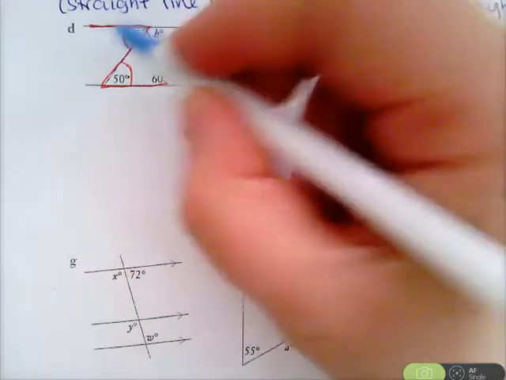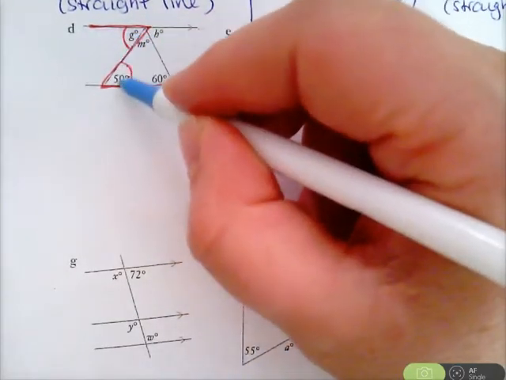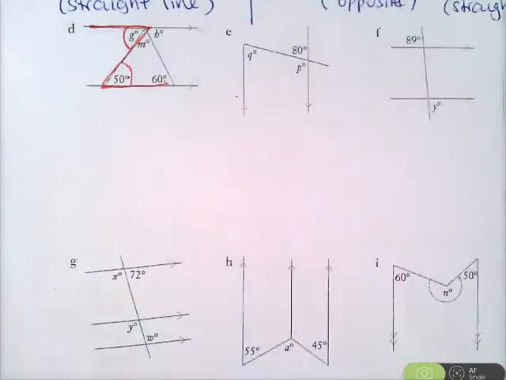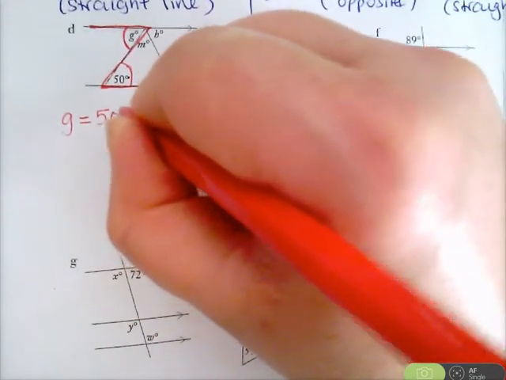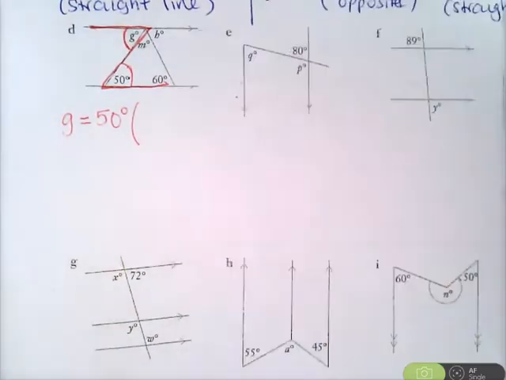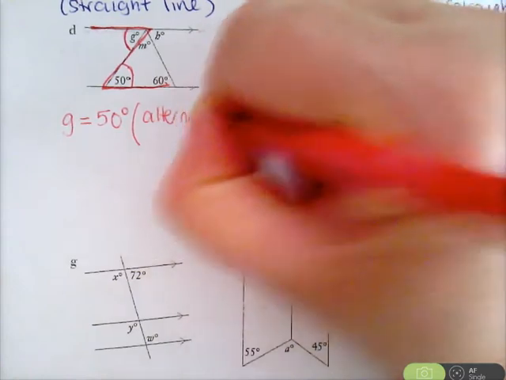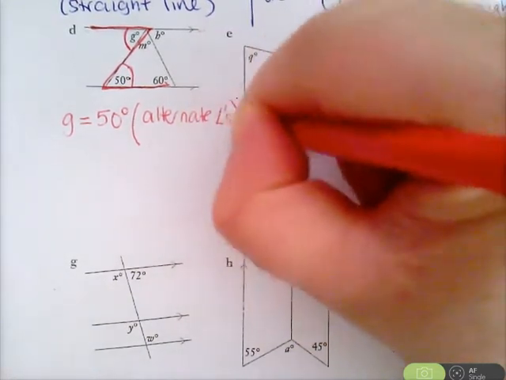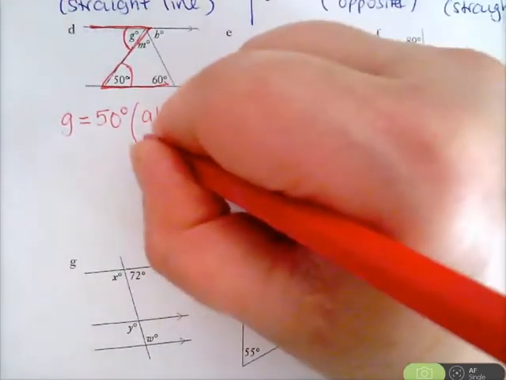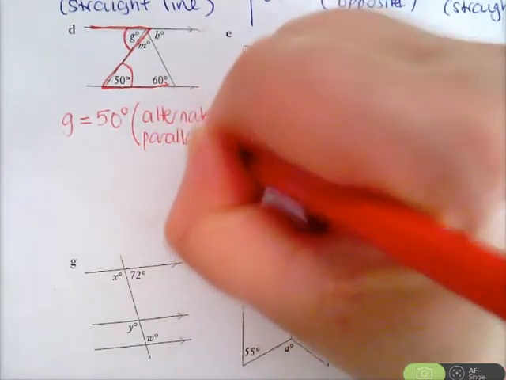So when I do that Z there, the G and the 50 are in the corner. So that means that G is equal to 50 degrees. And the reason, they're Z angles, but we call that alternate angles. Now I'm using the symbol for angle, it's a little angle symbol. And we must say parallel lines.